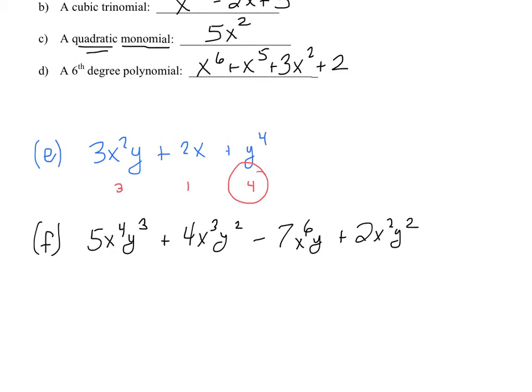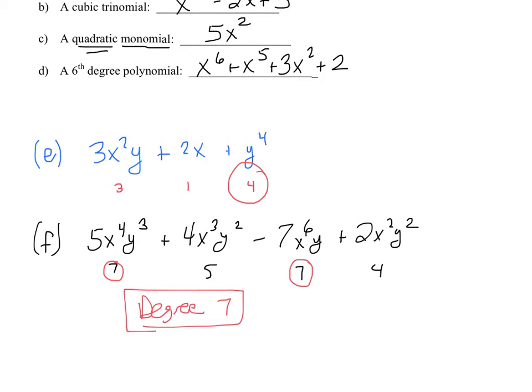So x to the 4th, y to the 3rd is 7. Then you got 5, 7, and 4. We find the highest number, which is the 7. So this is a degree 7. That's it. All right, so that's it for this one.